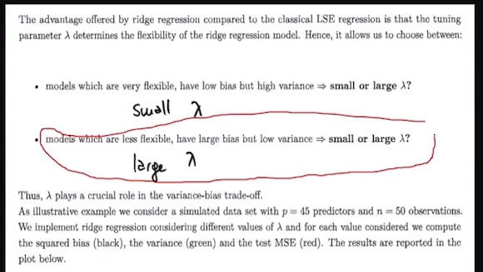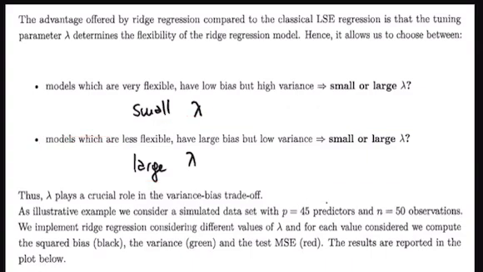If you have so many predictors in your model, there's a possibility some may be giving the same statistical information, or some may not even be relevant. And that is the role the lambda, the tuning parameter, plays here: a bias-variance trade-off.